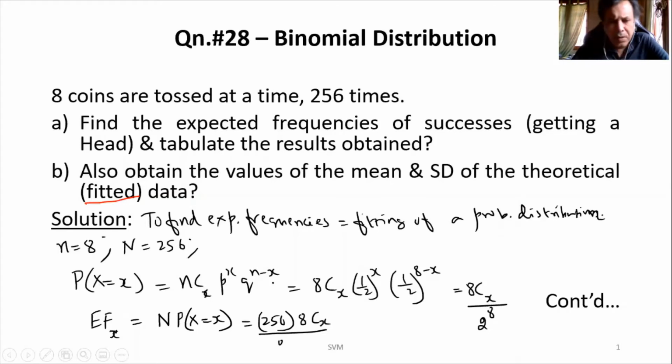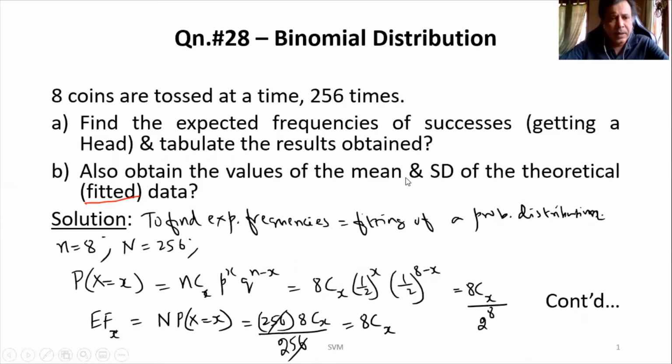What will be 2 to the power of 8? 2 power 4 is 16, so it is 16 into 16, which is 256. So this 2 power 8 is also 256, and the two get cancelled. Ultimately the expected frequency is 8Cx.